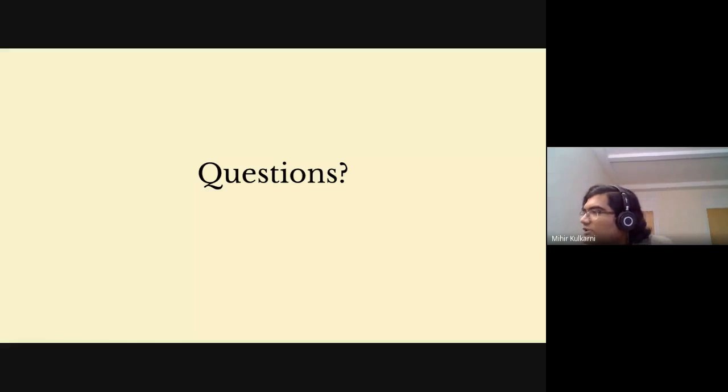Yes, and then the next question is, can population 3 stars be used to check the validity of cold dark matter versus, say, warm dark matter? That's a very good question. Some of you may know warm dark matter is a proposed alternative theory to cold dark matter, and a similar theory is called fuzzy dark matter.